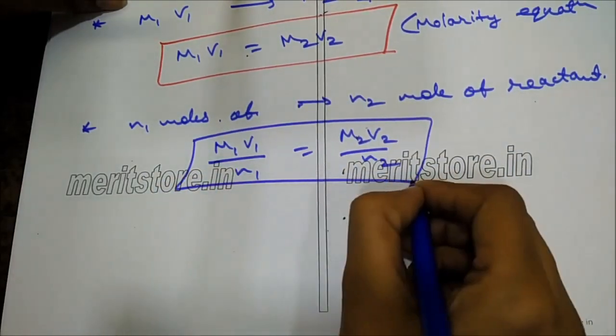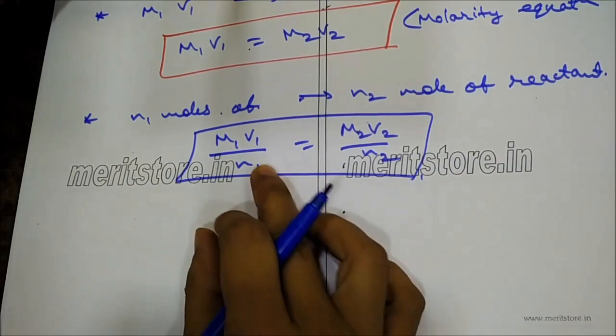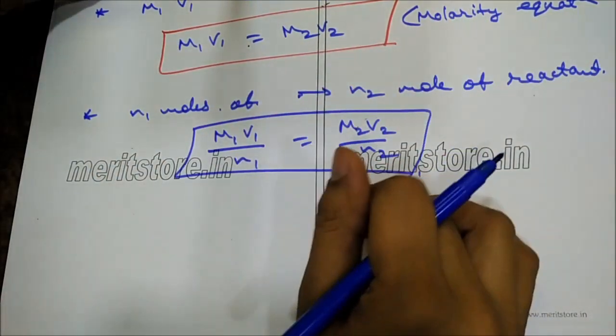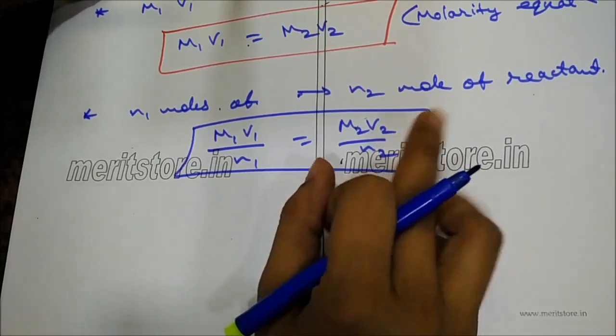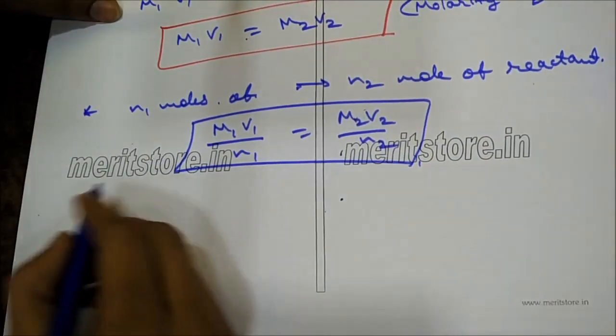If number of moles are given, then in a balanced chemical equation the molarity equation will become like this: m1v1 upon n1 is equal to m2v2 upon n2.